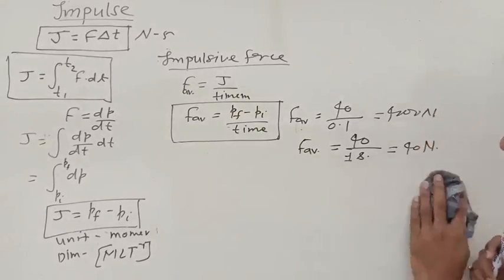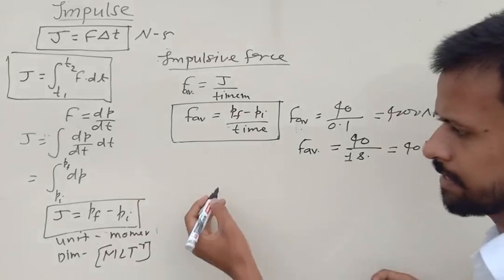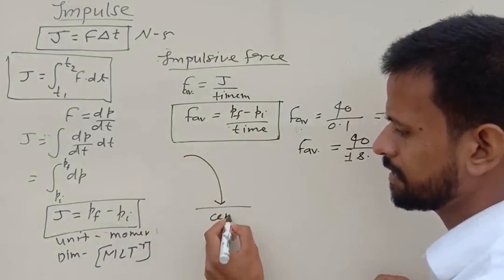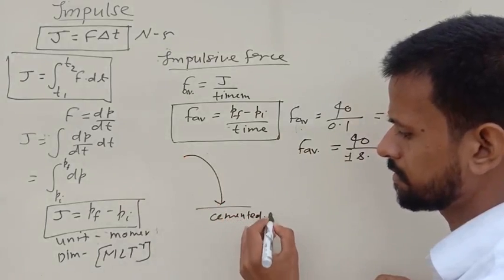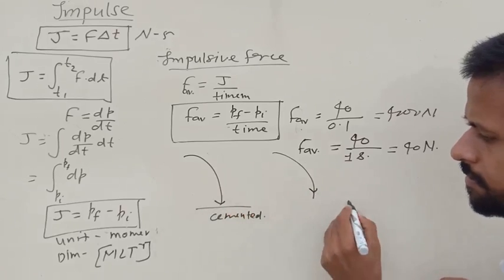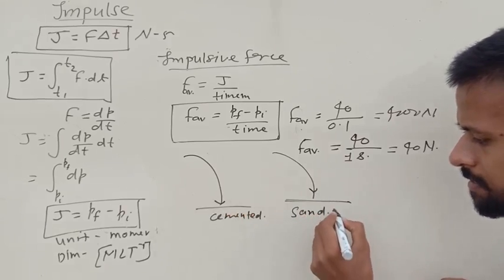So these are the examples of impulsive force. One more: one person jumps on a cemented surface and one person jumps on sand.